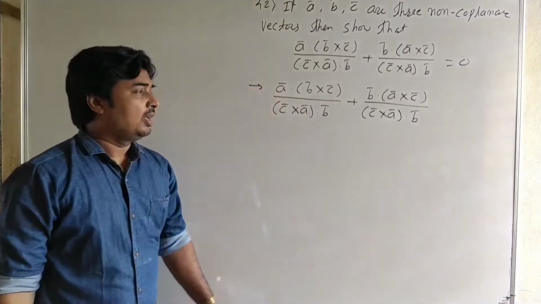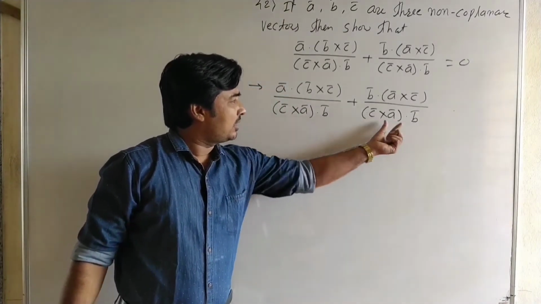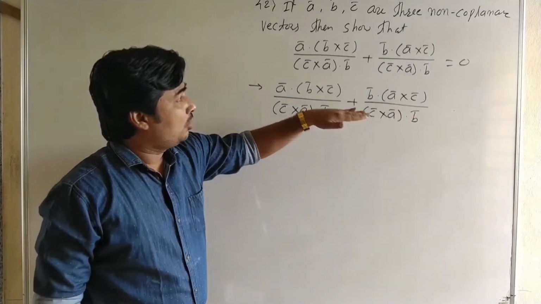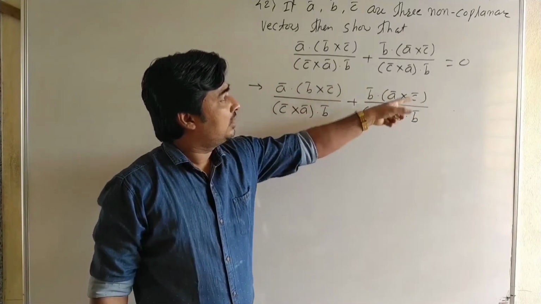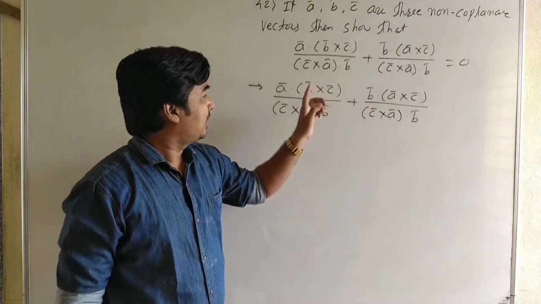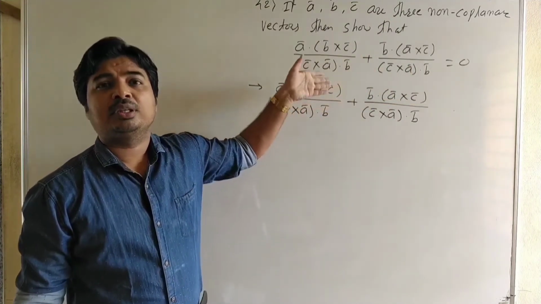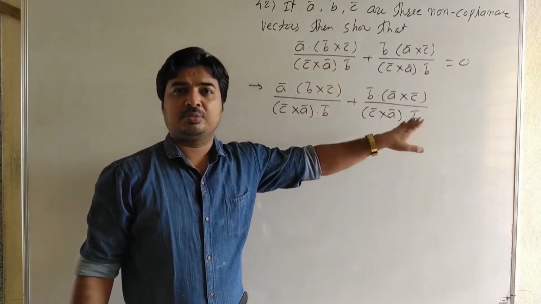Now we observe that the denominator is the same. Here the denominator is the same, the numerator is of the same magnitude but opposite in sign, so the subtraction is 0.